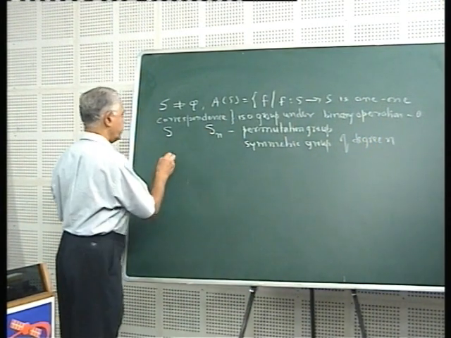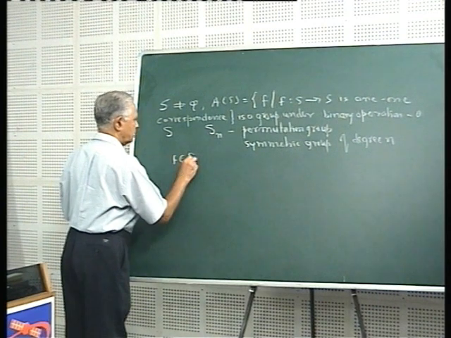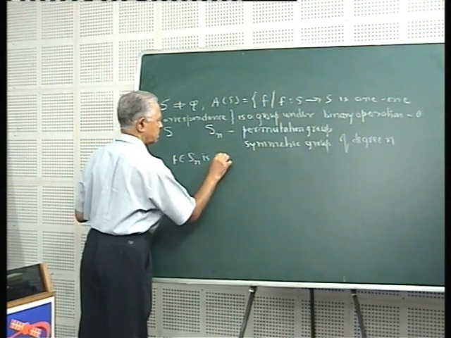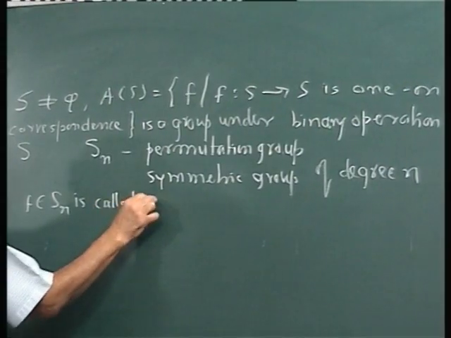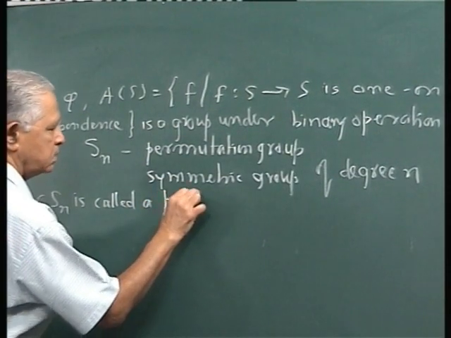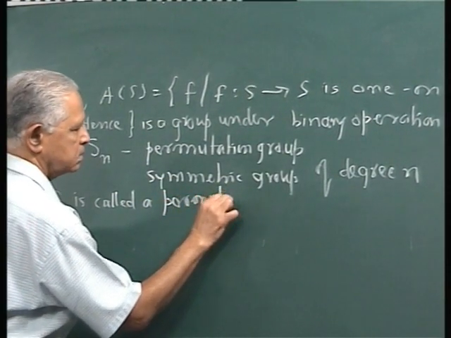An element f belonging to S_n is called a permutation on set S.